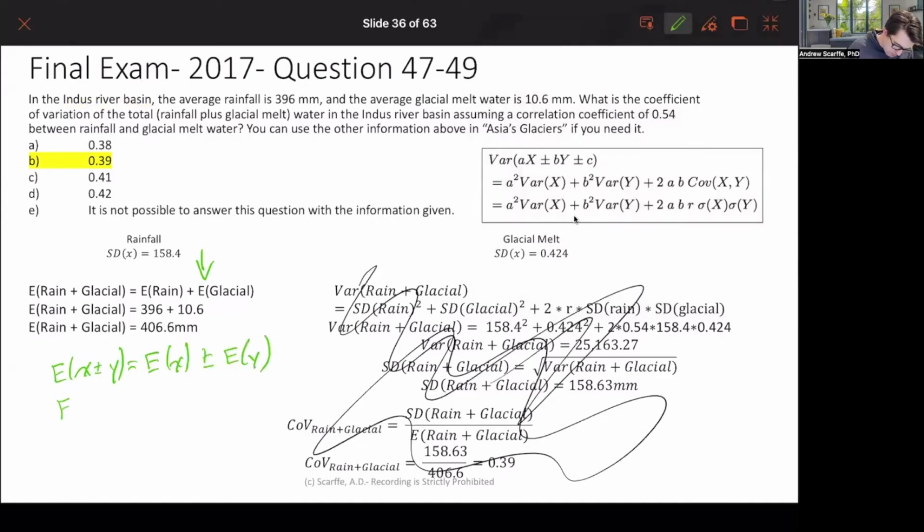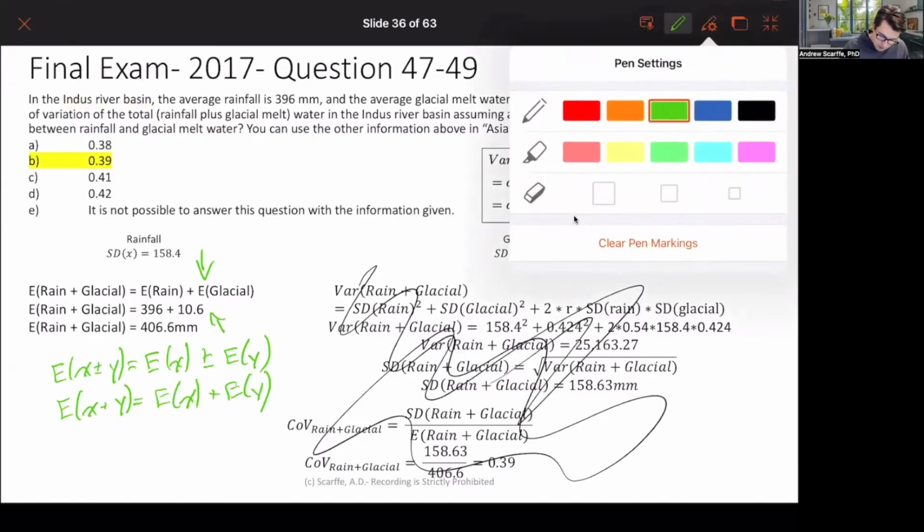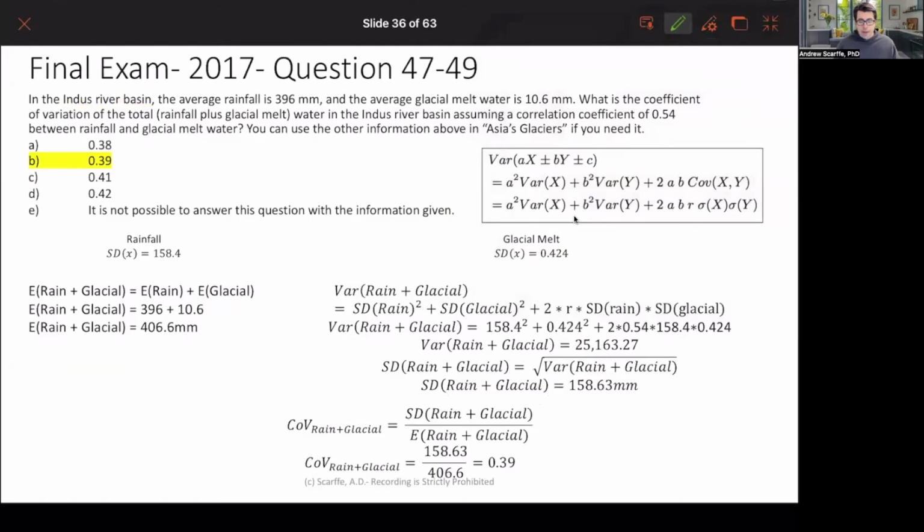This is exactly what we did right here to find the expected value.